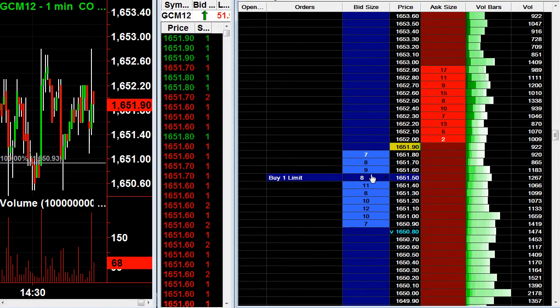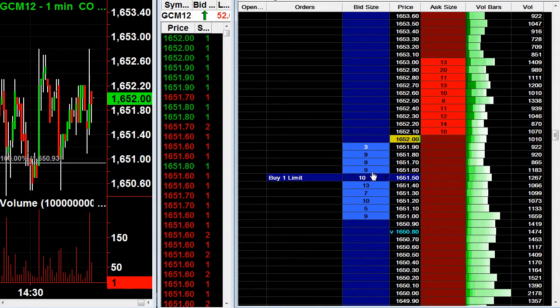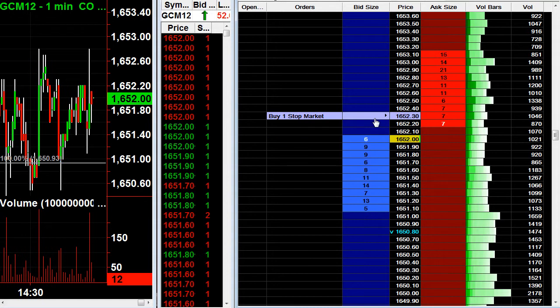A better way of trading would be a buy limit order, okay? When you're doing a market order, it's just going to go to the most recent bid or ask and give you the worst fill. Now, if you wanted to do a buy limit, you could click here on this left-hand column, and you would have a buy limit when the price hits 1651.80, you would get filled at 1651.80 or better. And then you can see that you've got the opportunity to do what's called a buy stop.